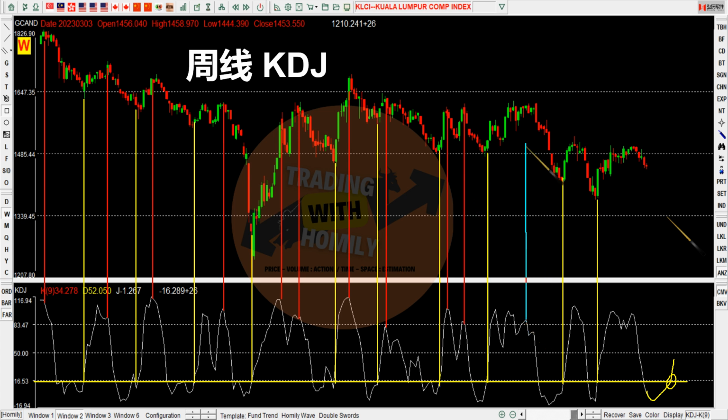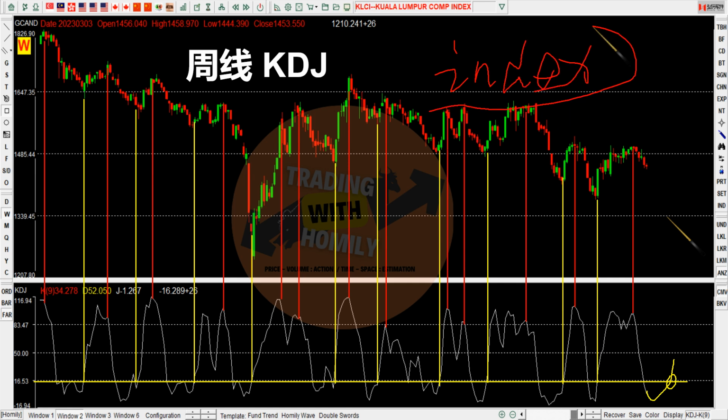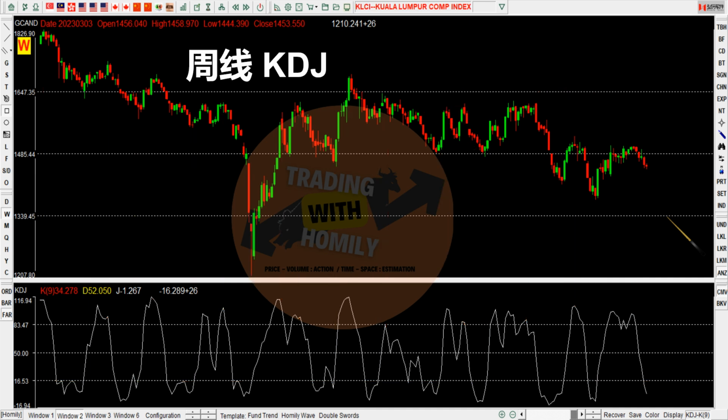Alright? So you can try this method to find the medium top and bottom. But here I want to tell you this method is only for index. For index only. For individual stocks, the parameter is different.